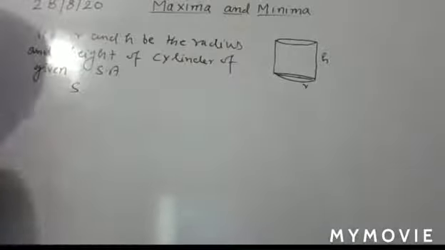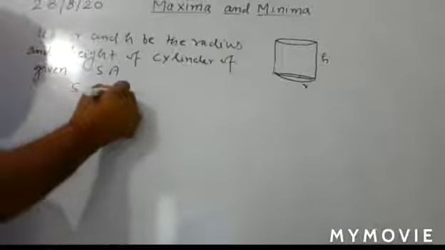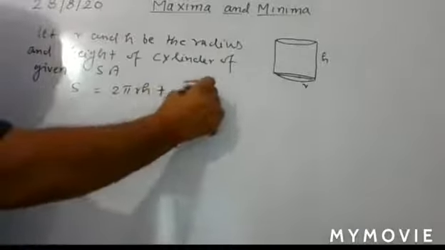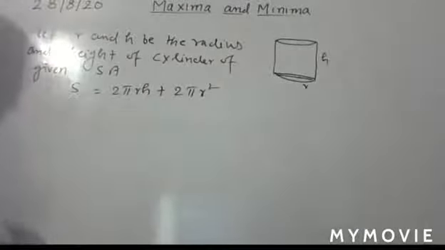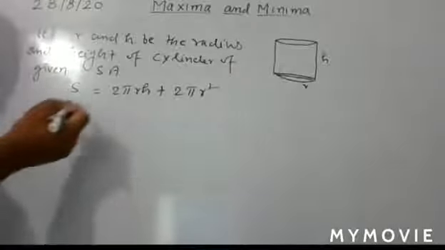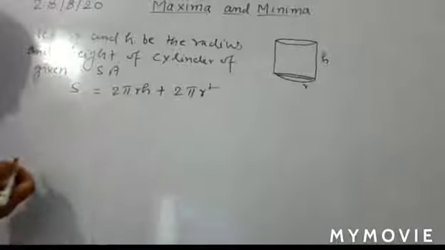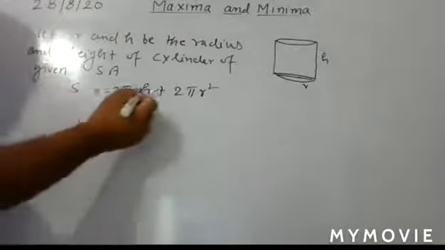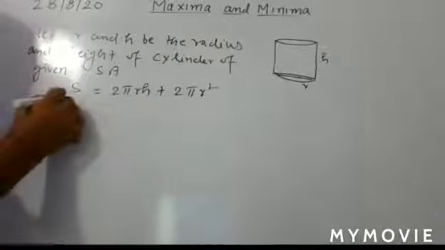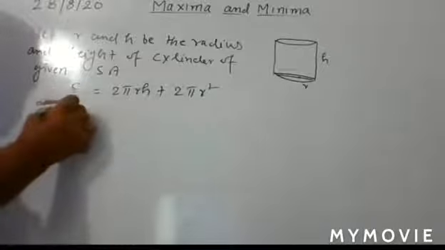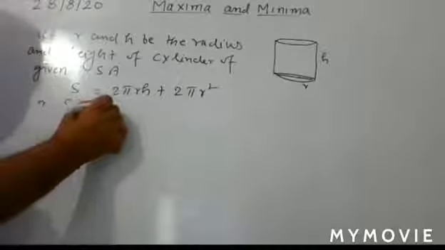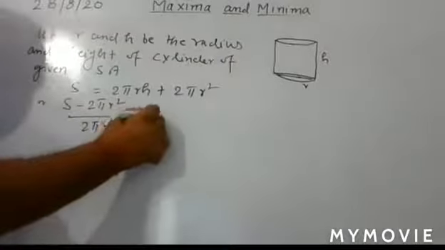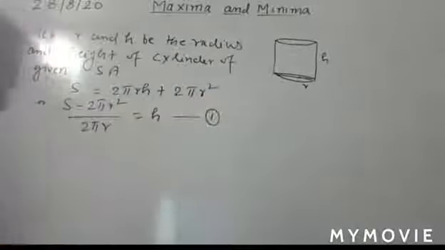So you can write S is equal to 2 pi R H plus 2 pi R square. From this expression, you find the value of H: H is equal to S minus 2 pi R square upon 2 pi R. That is your first equation.